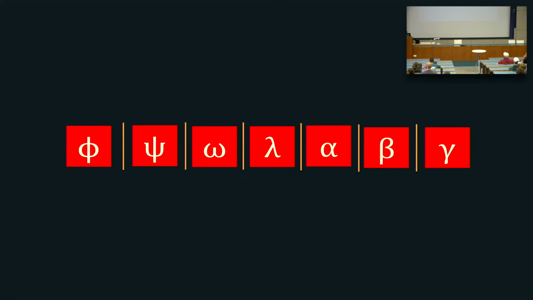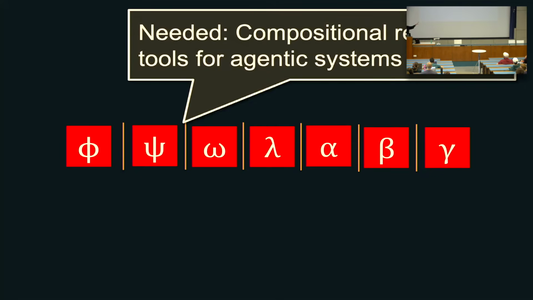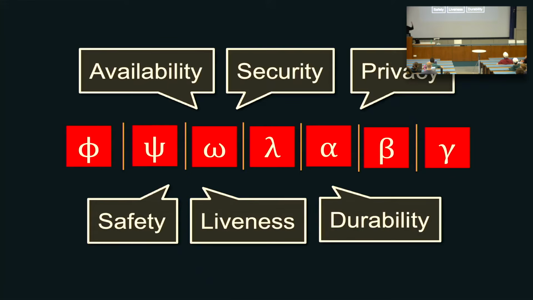And then at runtime, we just do runtime verification. We check that the programs are respecting those protocols, and if it's not true, we sev it and page the team. And so we have a similar model in mind here, that we can reason compositionally about availability, security, privacy, durability, these kinds of things.